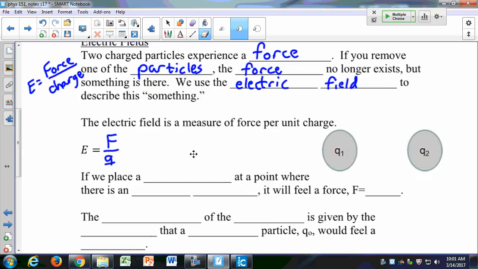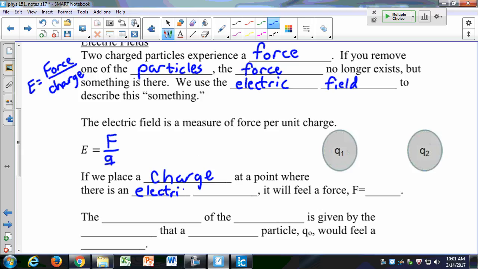Now, if we place a charge at a point where there is an electric field, it will also feel a force, and that force is equal to Q times E. That just comes from this; I just solved it for F. So let's imagine I don't have this charge right here.